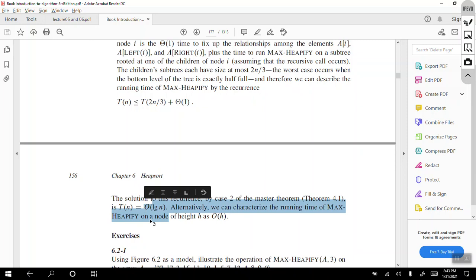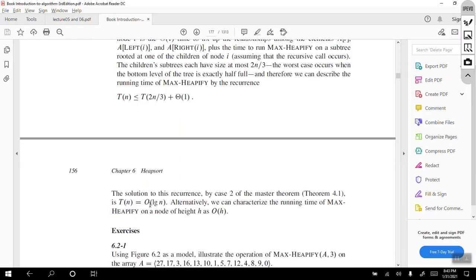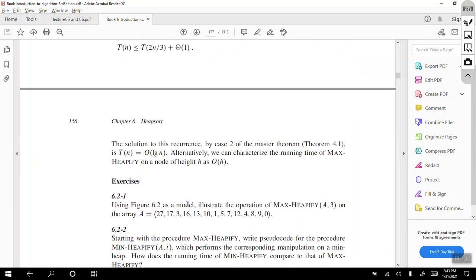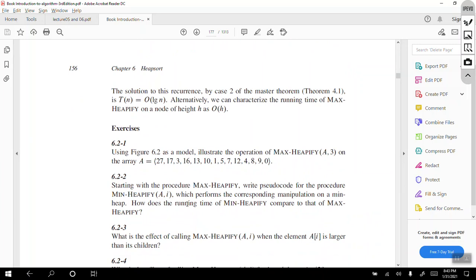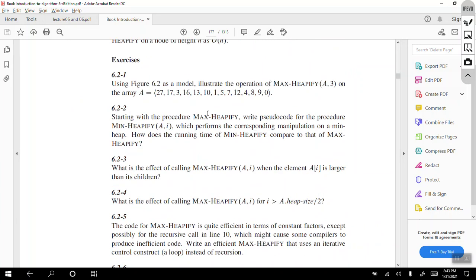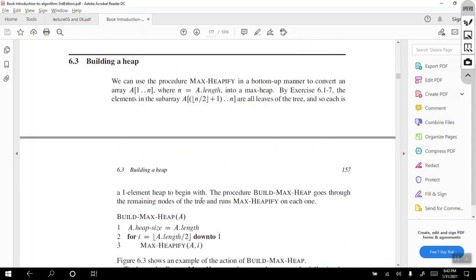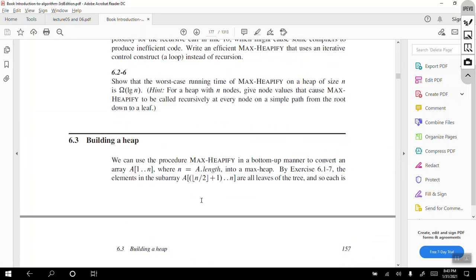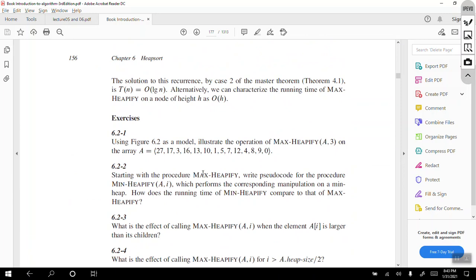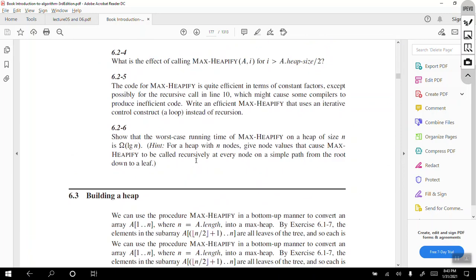So if its complexity is big O log n, then we need to do n iterations for n elements. So the total time complexity of the heap sort algorithm will be big O of n log n, which we'll see later.